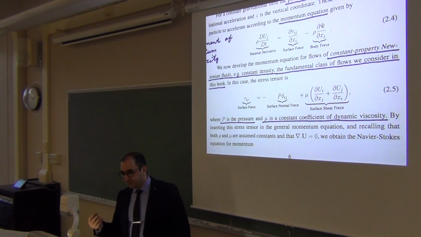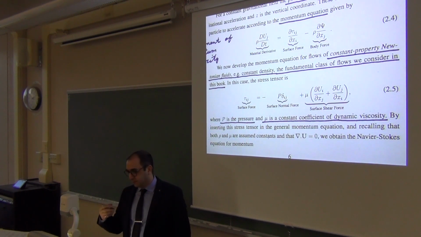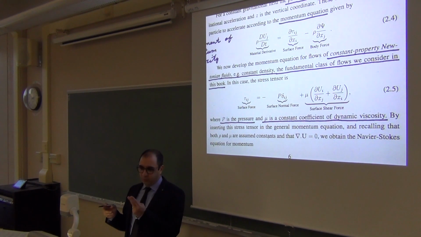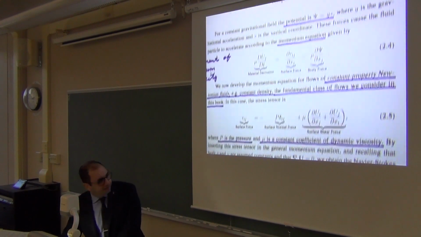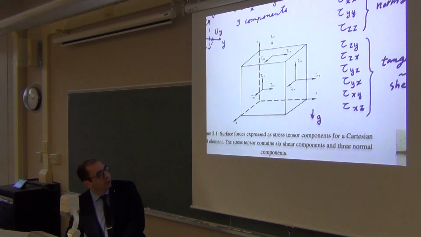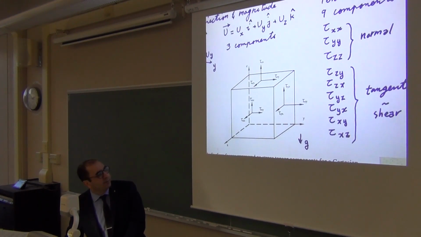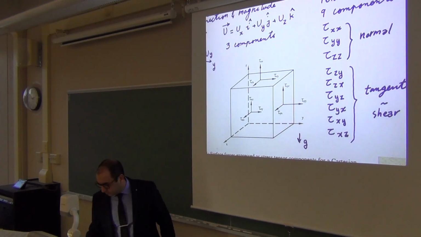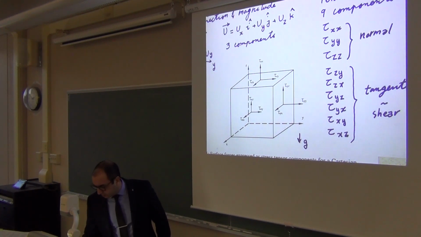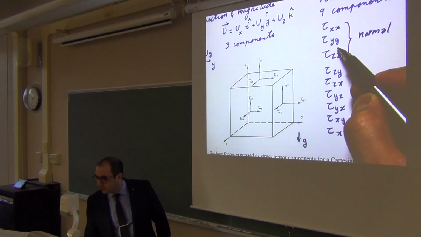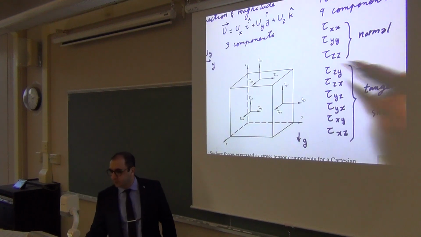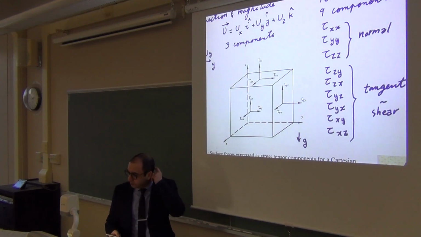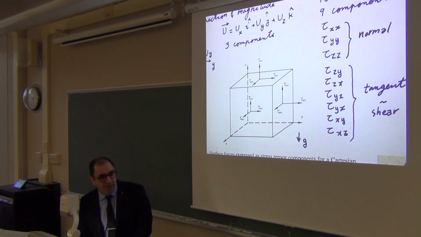But delta 1,2 is 0, delta 2,1 is 0. So again, it's sort of like a tensor. It takes two indices, and they must be equal for delta to assume a value of 1. And that very nicely ties into the normal components here, right? If I am talking about a normal stress, that's got to be either xx, yy, or zz. That's only in those three components where I'm accounting for pressure.